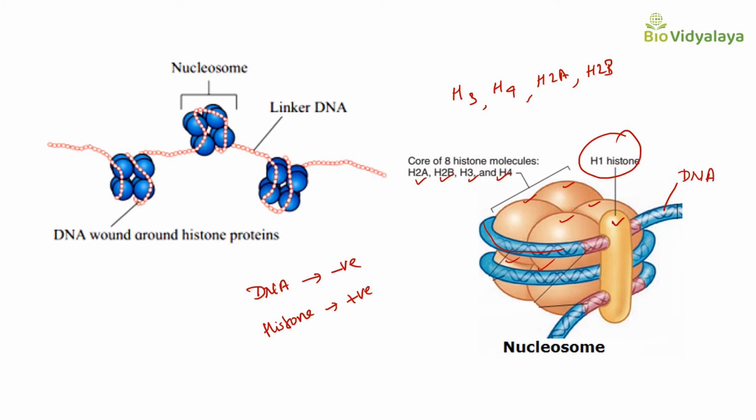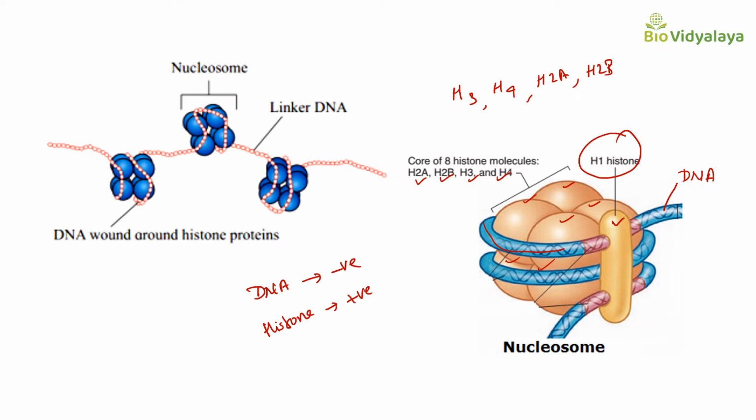That's why histone has a positive charge. We know that opposite charges attract each other. So, because of this opposite charge, DNA is wrapped around the histone core. Because of this positive charge only, DNA is wrapped around the histone core.